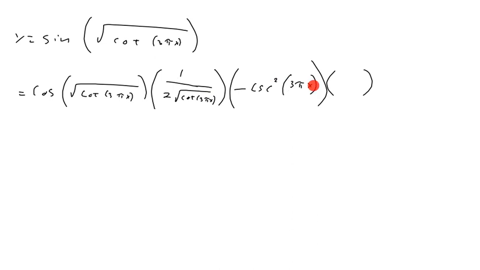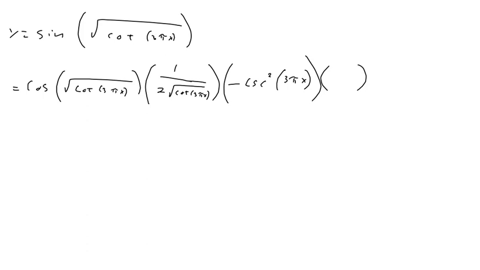And what's the derivative of 3 pi x, everybody? In the chat. Derivative of 3 pi x. Anybody know what that is? Is it 3? Is it pi? 3 pi. Very good. Because the x drops away, and the 3 pi is a number, right?